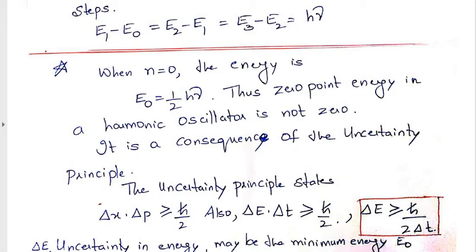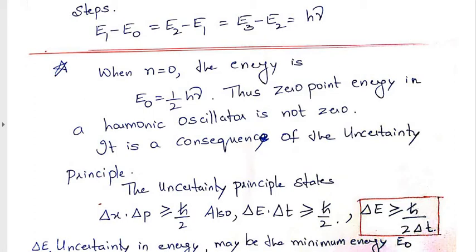So the uncertainty principle, as you know from the previous semester, says that both the position and momentum, which are a conjugate set of variables, their values cannot be determined simultaneously and accurately. And then we mathematically showed that delta x into delta p is greater than or equal to h bar by 2.